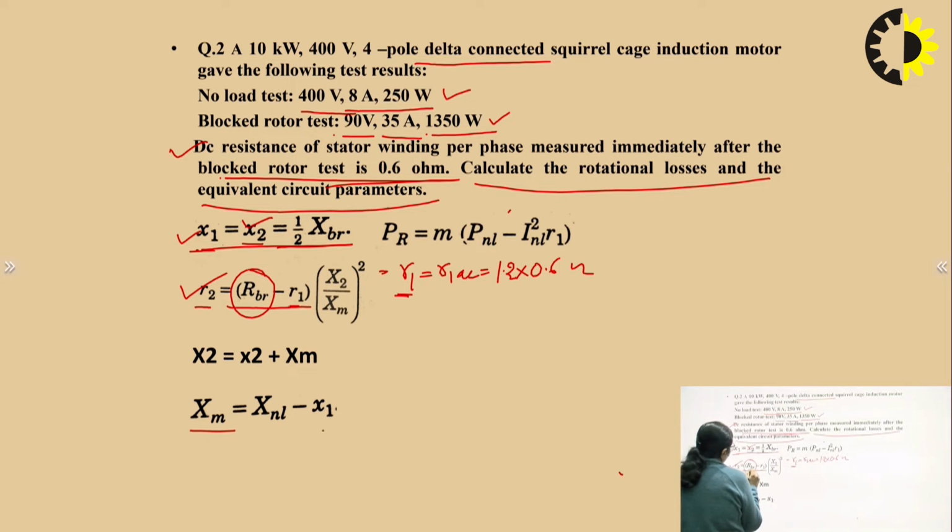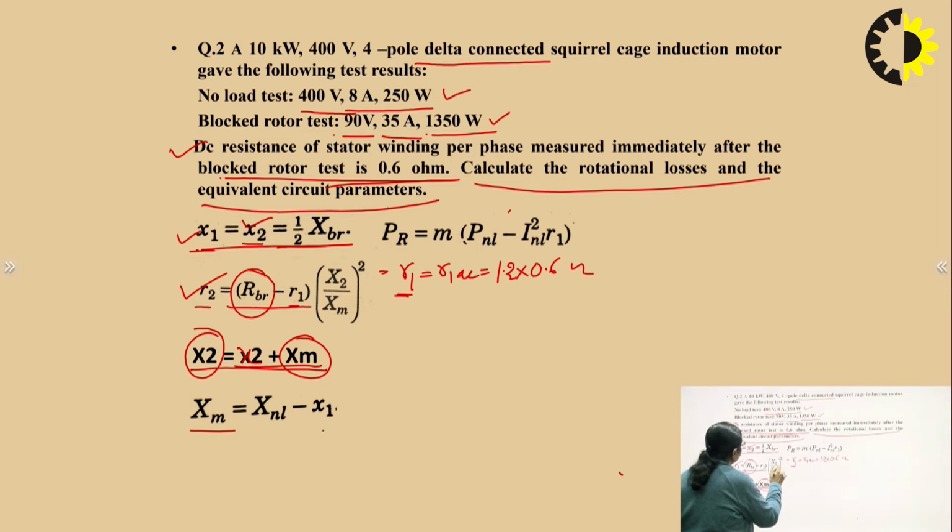So the equation involves RBR minus R1 times capital X2 upon Xm, and capital X2 is defined as rotor self reactance just for the simplification of the equation, and it is the summation of X2 and Xm, where this small x2 is nothing but the rotor winding leakage reactance. Xm is the magnetizing reactance.